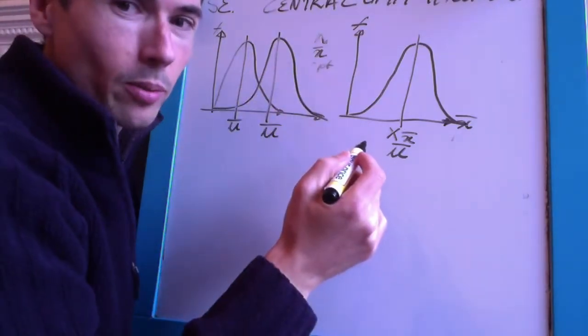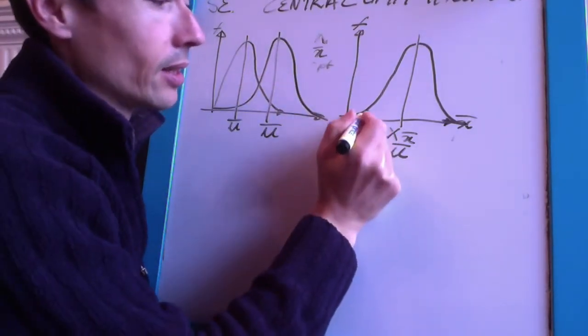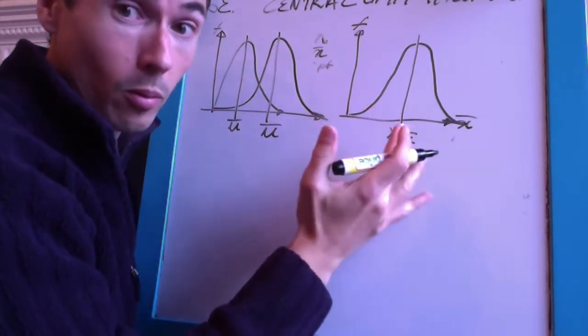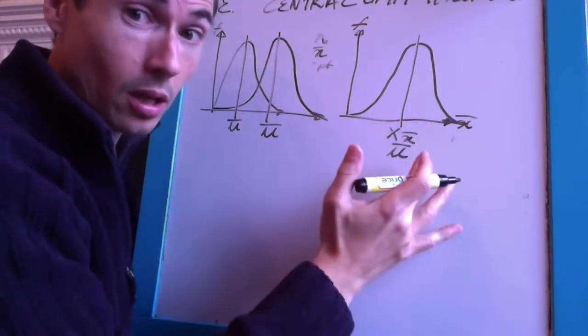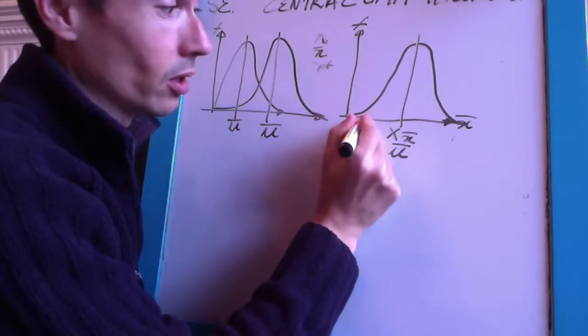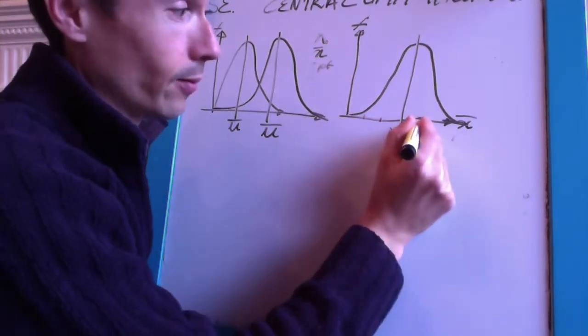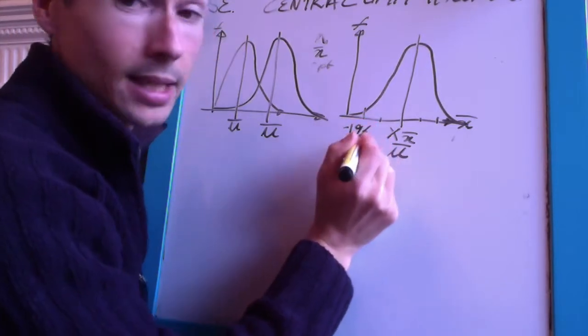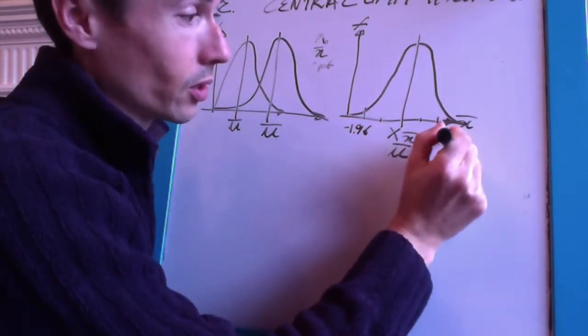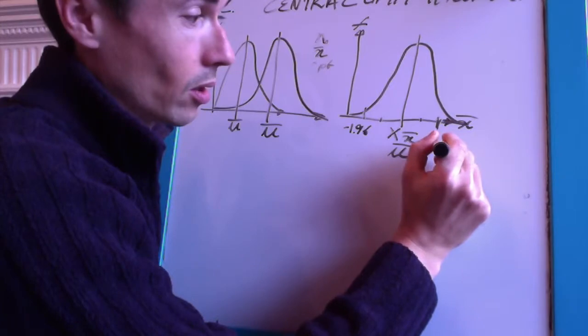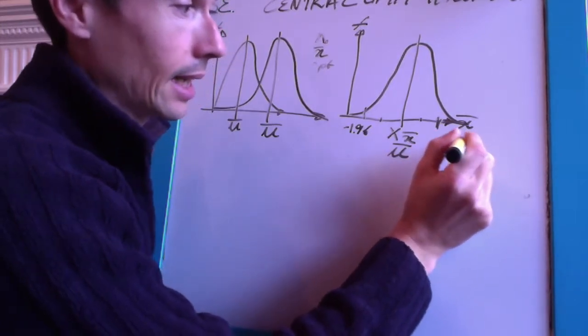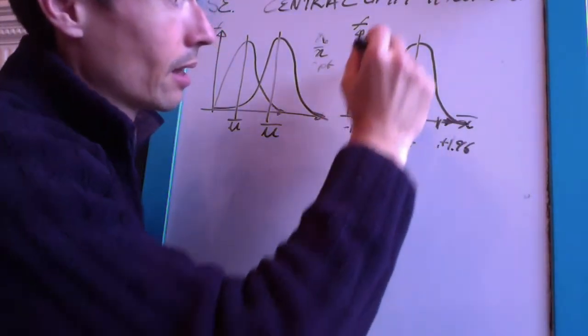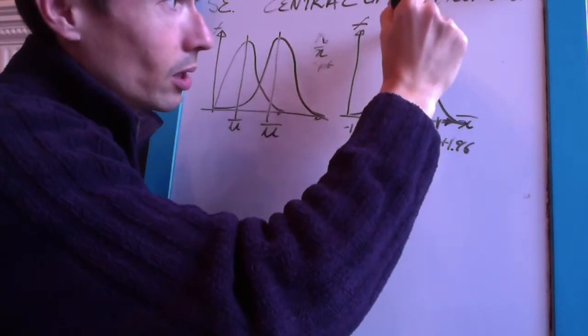So because it's a normal distribution, we know where 95% of our values are going to lie. 95% of our values will lie within minus 1.96 standard deviations or plus 1.96 standard deviations from the mean, because that's a characteristic of a normal distribution.